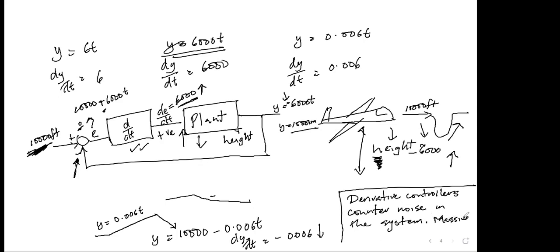Massive change, massive response. All right. If there's a big change in the system, because we're taking the derivative, the derivative of a large change will be a large value. The derivative of a small change will be a small value.